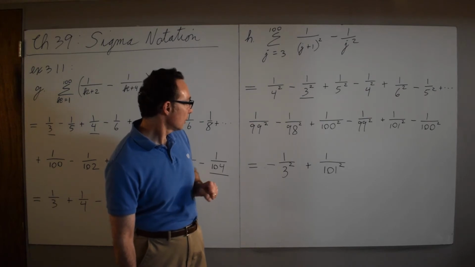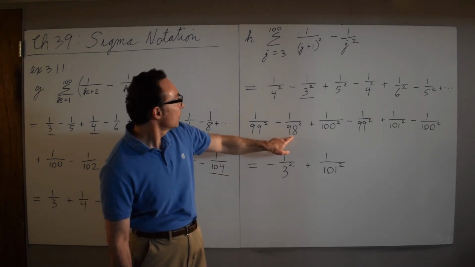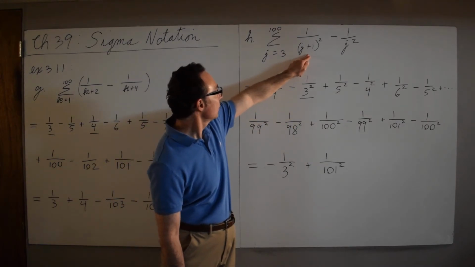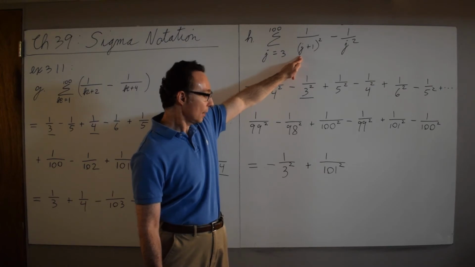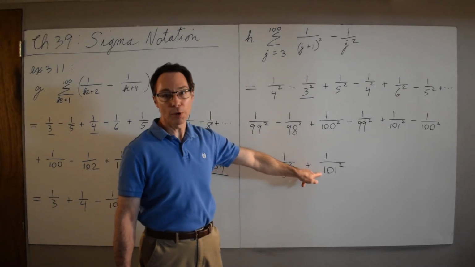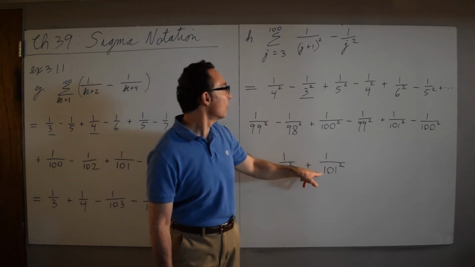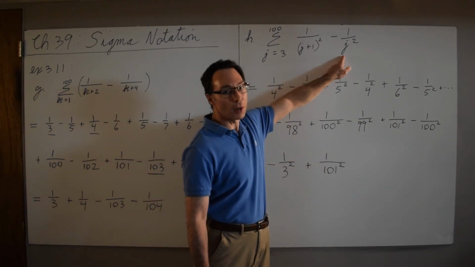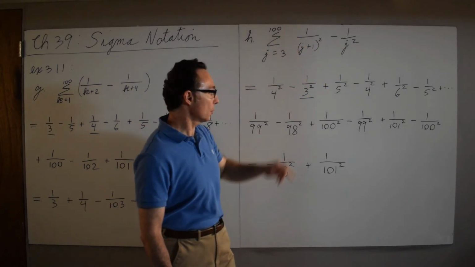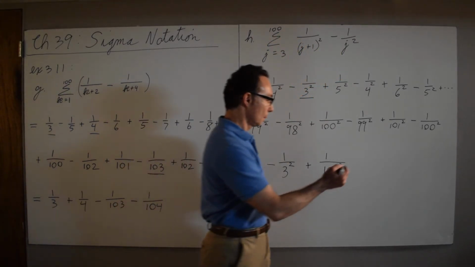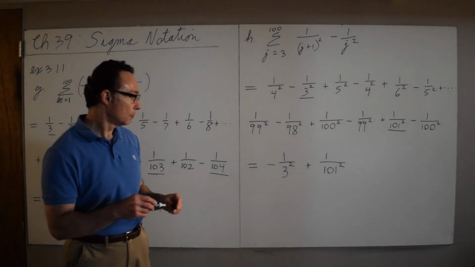All right. What about the negative 98 squared? We had our positive 98 squared when j was 97. What did not cancel? The positive 1 divided by 101 squared. In order to have a negative 1 divided by 100 squared, j would have to be 101, but j stops at 100. So that term is left.